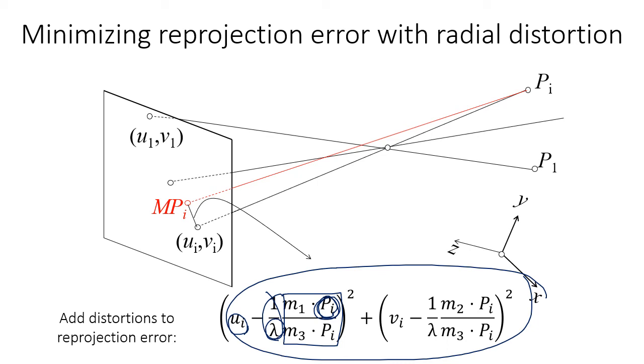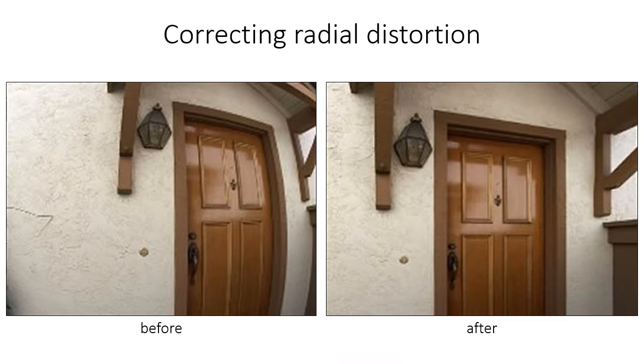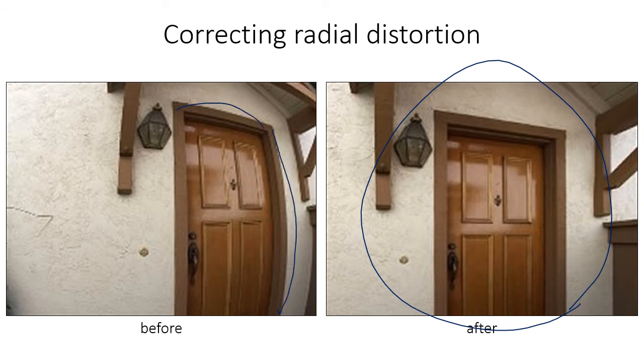So now we can remove the radial distortion by applying 1 over lambda, and we get the reduced radial distortion image. The input image is shown here, and you can see a very severely curved scene, but by minimizing the radial distortion, a straight line becomes a straight line.